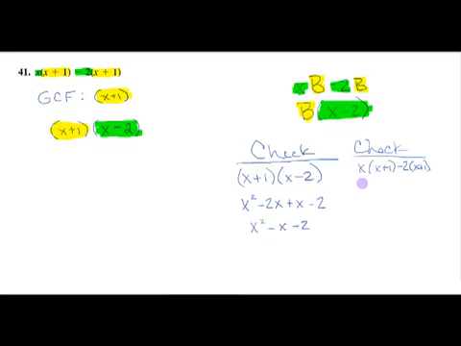We have an x times x is x squared, and x times 1 is x, minus 2 times x is 2x, and minus 2 times 1 is a minus 2. This gives me an x squared minus x minus 2. And they are indeed the same thing. So this is definitely the correct factorization of that polynomial that looks a little funny right now.